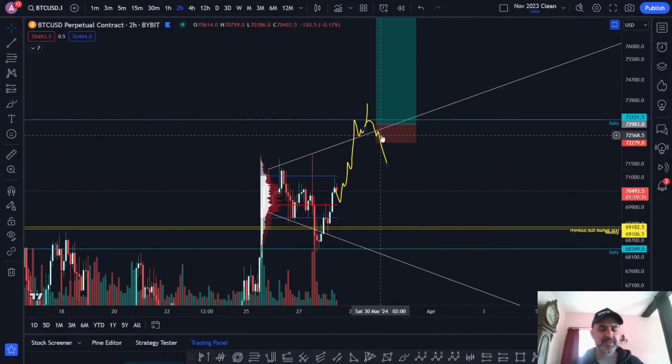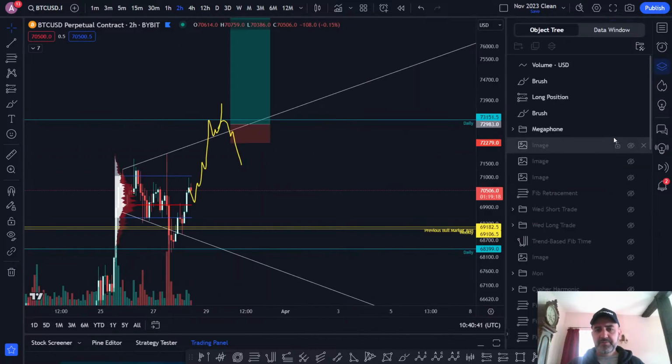You have a megaphone that's failed, and if that was to happen, you could short that because you have your invalidation. It's that little bit of market structure that's been created above that trend line break. I think that'll be a safer trade, to be honest with you. A failed megaphone.